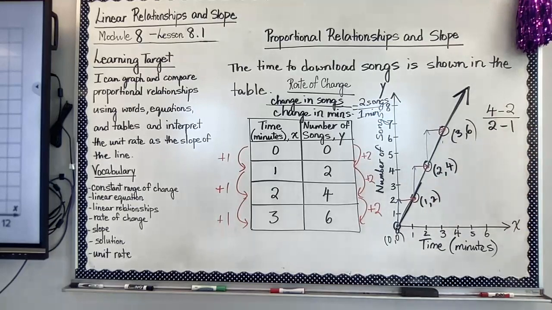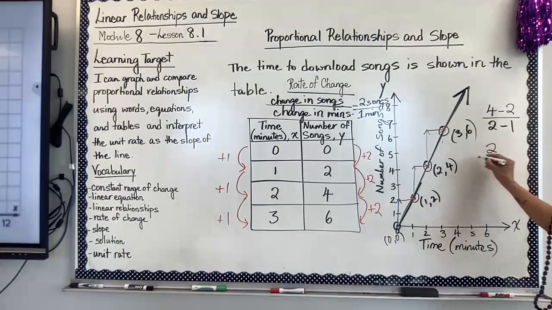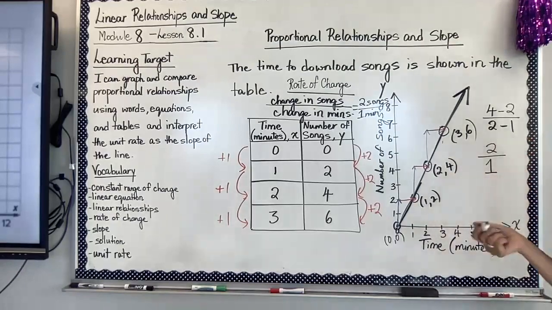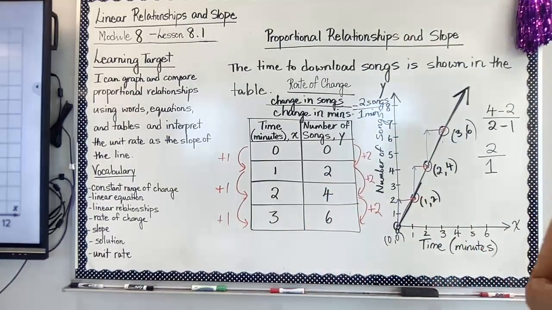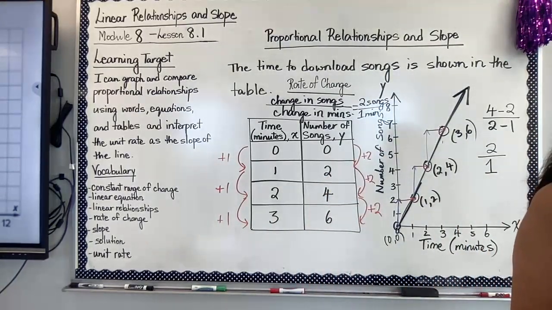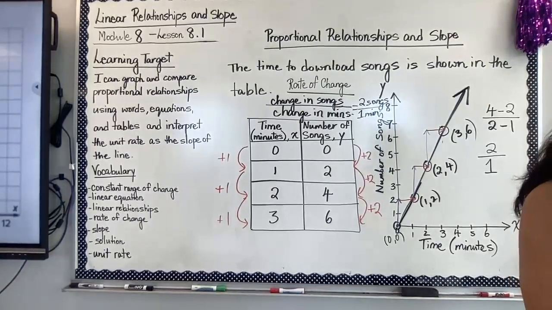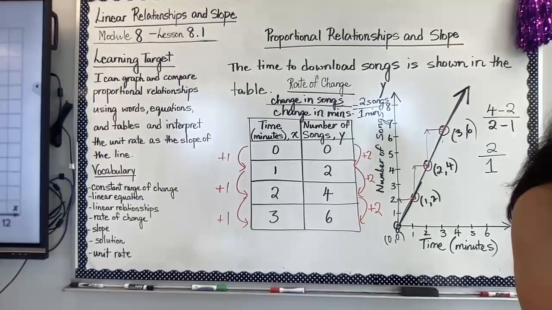Okay, and so what do I end up with? I end up with 2 over 1, and that is nothing but the unit rate that we just talked about. Okay, so the slope is the rate of change between any 2 points on the line, and of course the unit rate is the slope of the line.